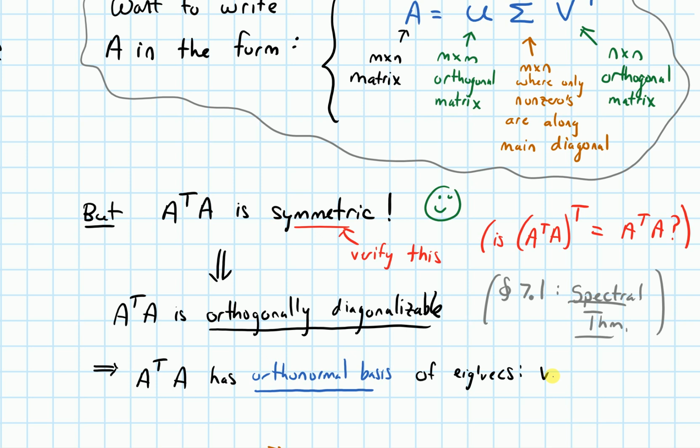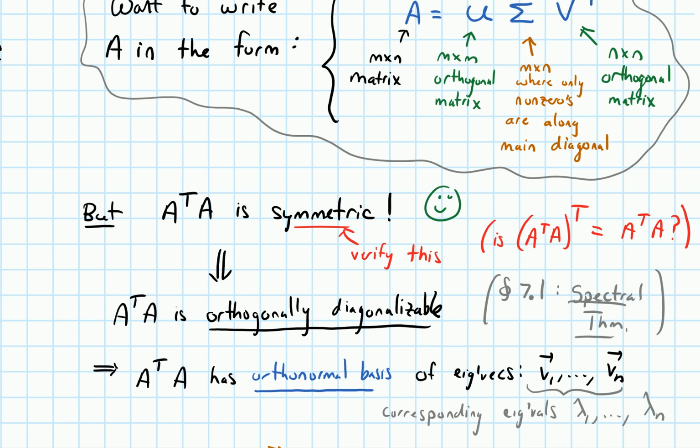I'll call those V1, comma, dot, dot, dot, up to Vn. If it has these eigenvectors, it'll have corresponding eigenvalues. Let's call them lambda 1, comma, dot, dot, dot, up to lambda n. And some of these eigenvalues might be repeating.